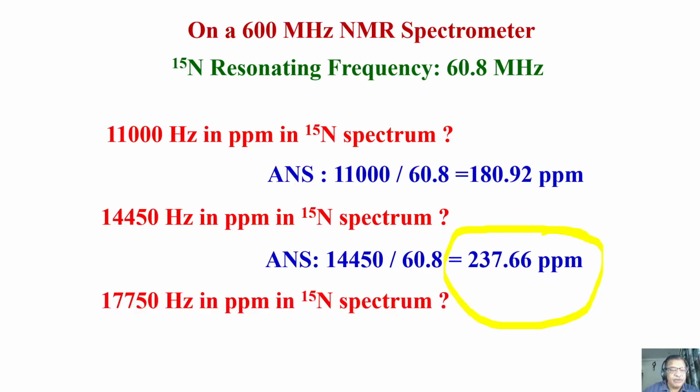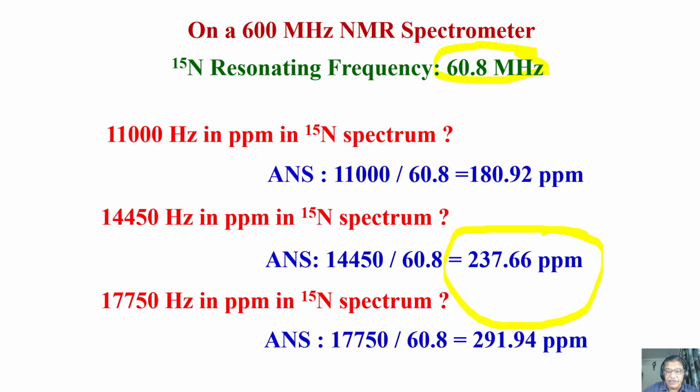Last example, same logic, 70,750. If you want to get the answer in ppm, take this value, the resonating frequency is given as 60.8, divide by this, and this is the ppm value for nitrogen 15 in a 600 MHz spectrometer.